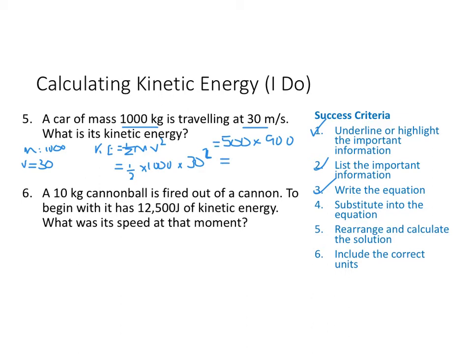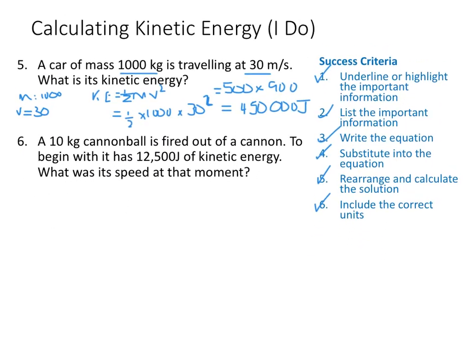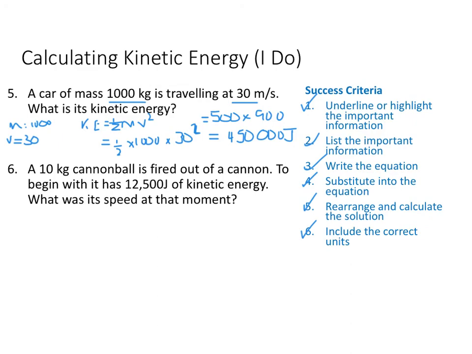So 500 times 900 is going to give us 450,000 joules. Remember it is energy, so it is joules. Substitute, rearrange. We didn't need to rearrange, fortunately, and then include the correct units. For this next question, you'll need to type that into your booklets.